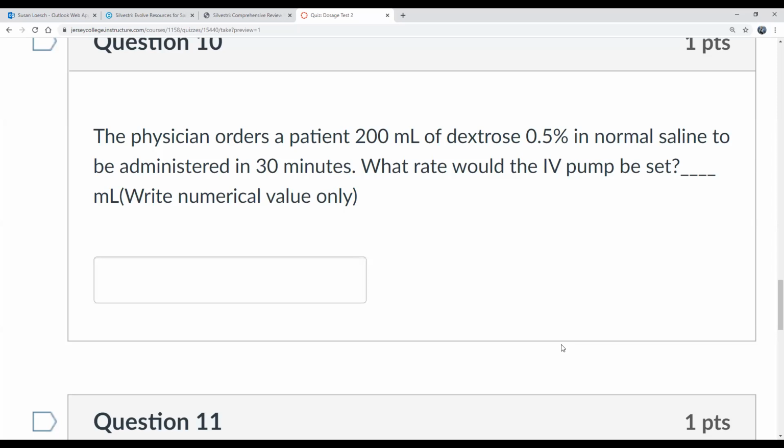Ms. L, can we go over this one again? Yes. This is asking you what rate would you set your pump, and your pump is set in mLs per hour, right? In order for you to calculate mLs per hour, you need your total mLs, which is 200. And you need your time in hours.